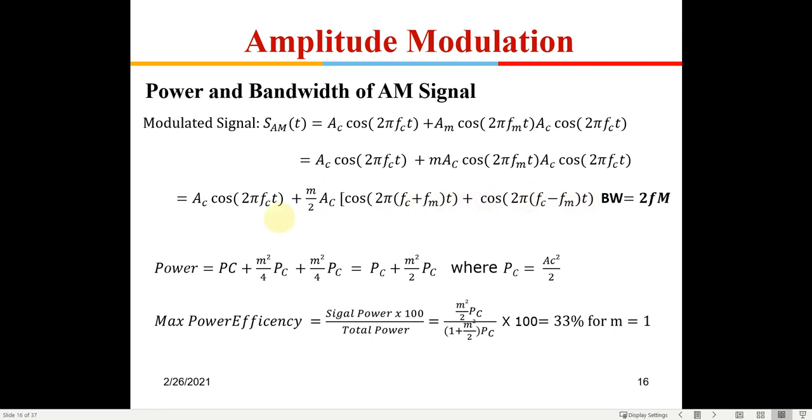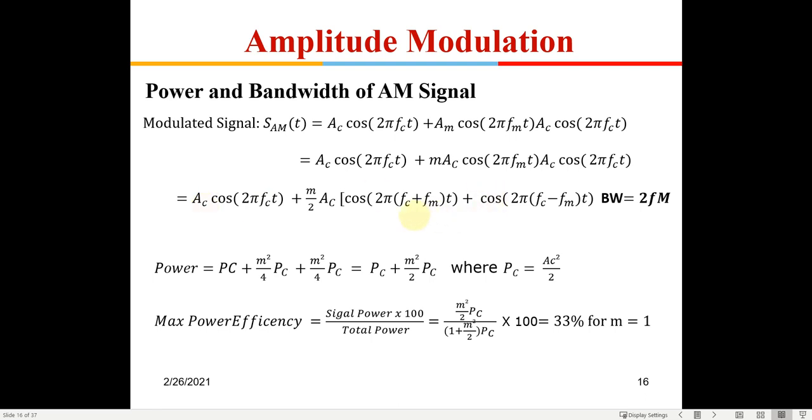So what does this mean? This equation means that here we are writing it in product form, but if you write it in this form, we can visualize that the signal we are going to transmit has 3 frequency components. One is fc, which is the carrier signal, which has an amplitude of Ac, right?